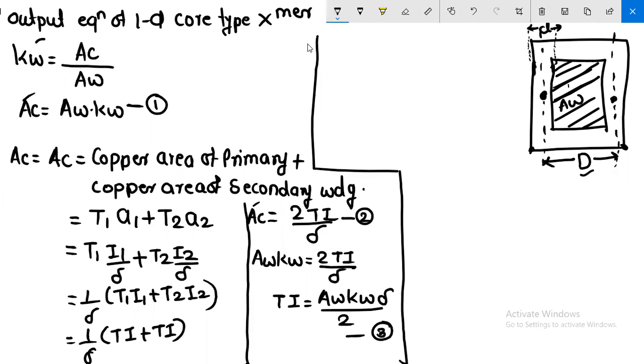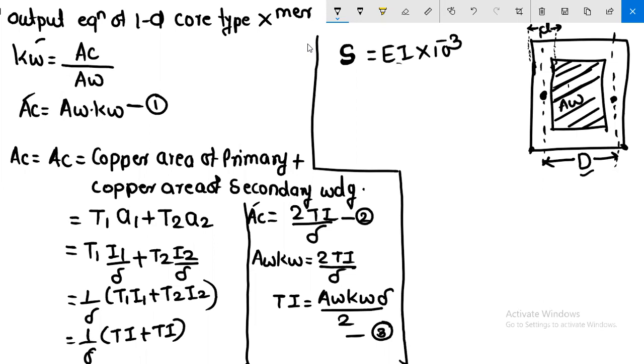Now, we are going to derive the equation for S. S is nothing but the output of that particular transformer, in kVA, kilovolt ampere. So as far as electrical machine design is concerned, the output of the transformer is given by EI into 10 raised to minus 3 kVA.